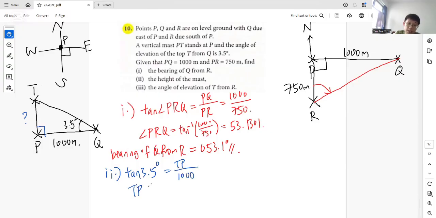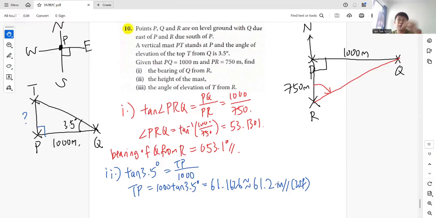So TP equals 1000 times tangent 3.5 degrees, which will give us 61.1626, round off to 3 SF, 61.2 meter. Okay, so that is the height of the mast.